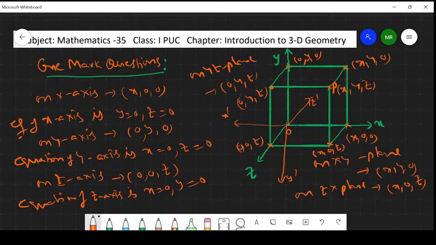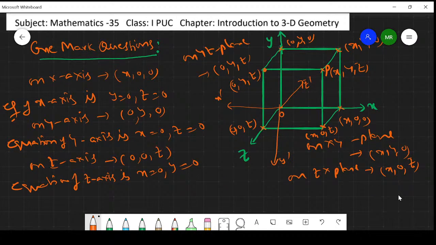Always remember, the x-axis and y-axis taken together make a plane known as the xy plane. This is called the zx plane, and this is called the yz plane. What is the equation of the xy plane? In the xy plane the z value will be 0.